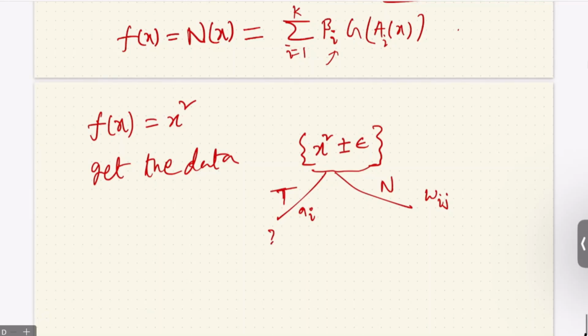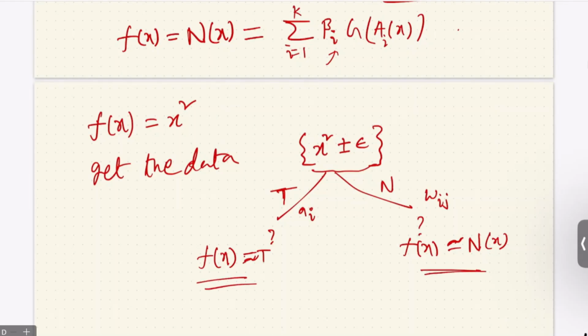Now look at the original f of x approximated with the Taylor T of x and with the neural function N of x. Think about which one is coming much closer and under what circumstances.